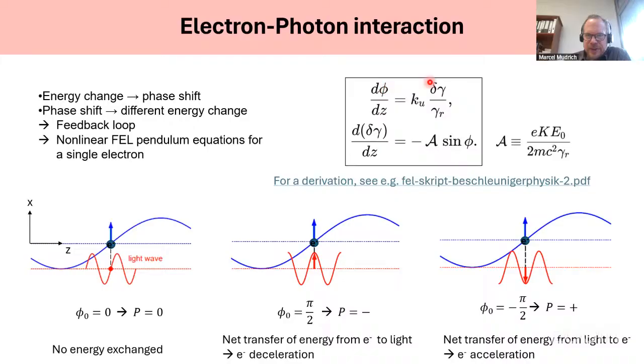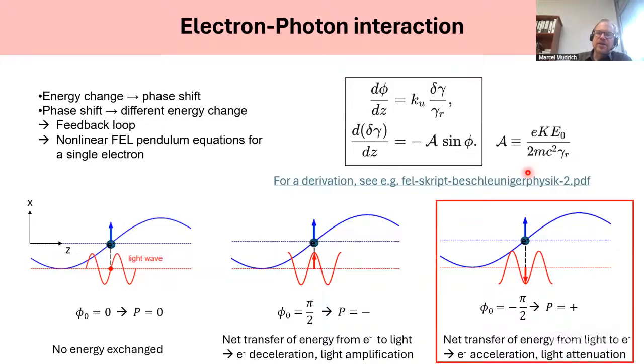So there's this set of differential equations. It should be noted that we have a sine phi here. So this is a nonlinear pendulum equation where the amplitude A here is given by this parameter.